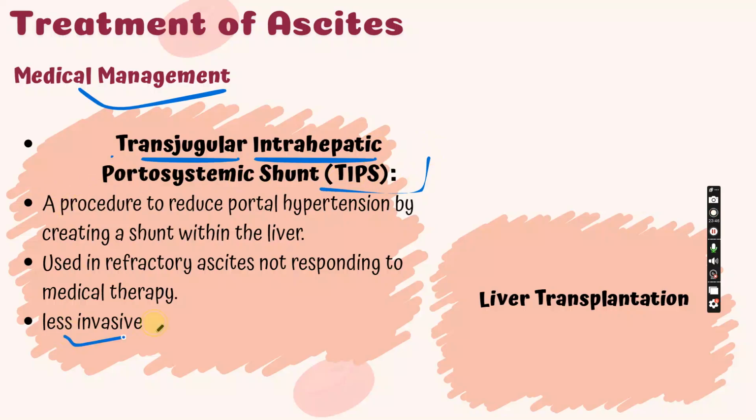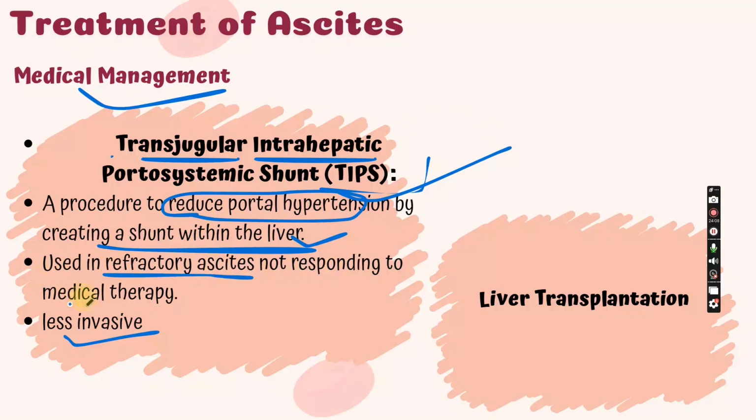So what is this? This is a less invasive procedure to reduce portal hypertension by creating a shunt within the liver. If we reduce the portal hypertension, then eventually the patient will feel less discomfort. It is used in refractory ascites not responding to medical treatment.